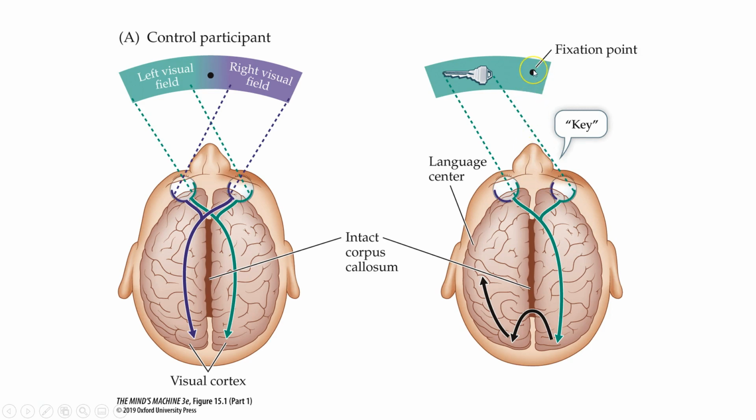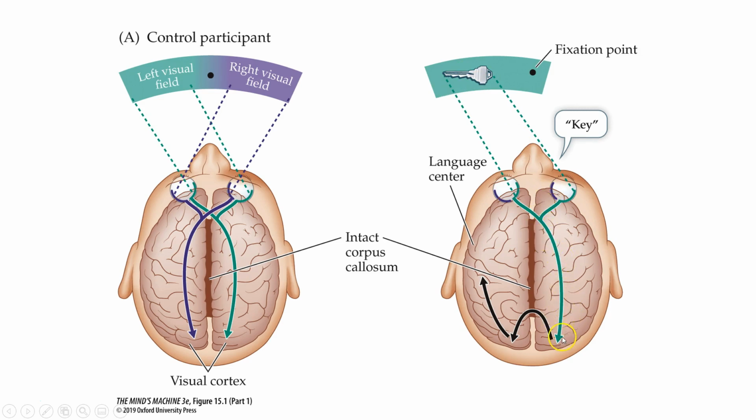Okay? And so if you have a person who is looking straight ahead, we say look at this fixation point, which means look straight ahead and stare at that dot straight in front of you, and then present a picture of a key in the left visual field. So they're still staring here, but they can see the key in their peripheral vision. It's in their left visual field. This information is processed by the right hemisphere.